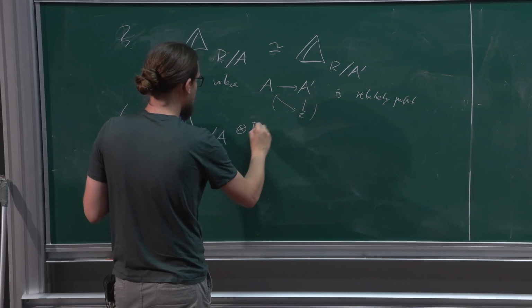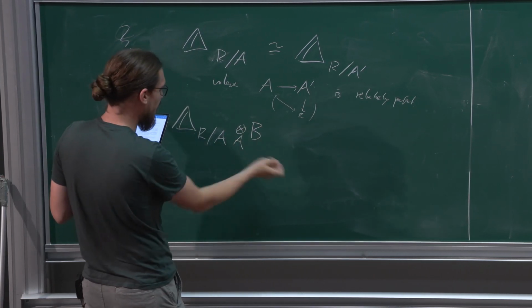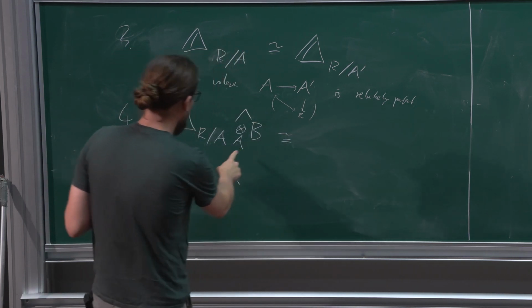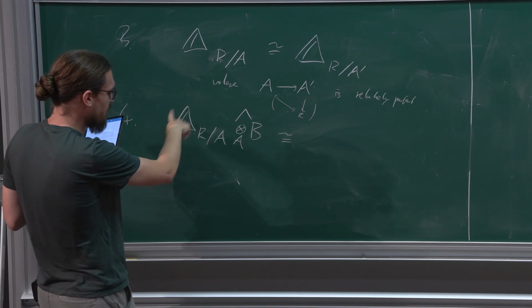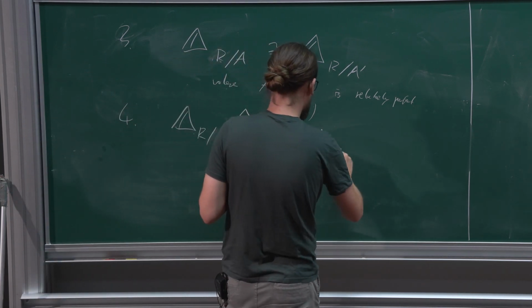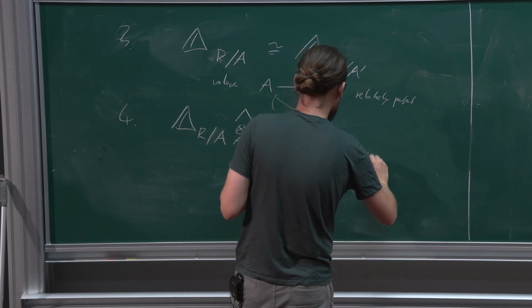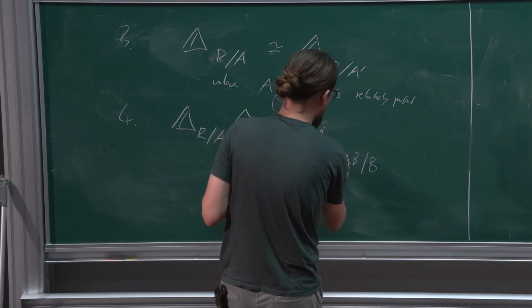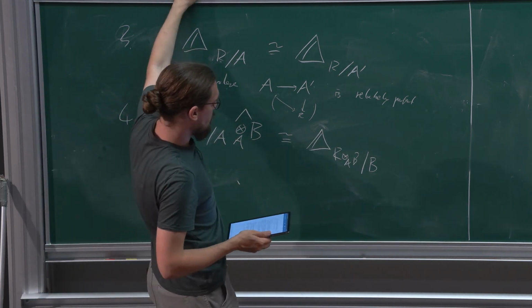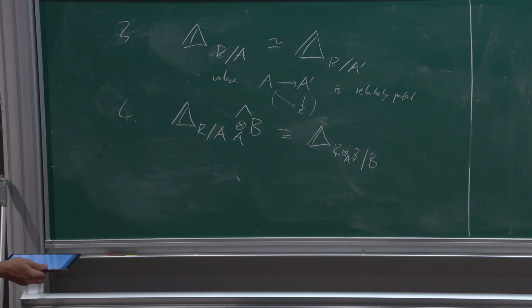If I just tensor that over A with any other delta ring B and complete with respect to the filtration I have here already, right? This is a filtered object, then it agrees with the... I'm sorry. Yeah. What's relatively perfect?